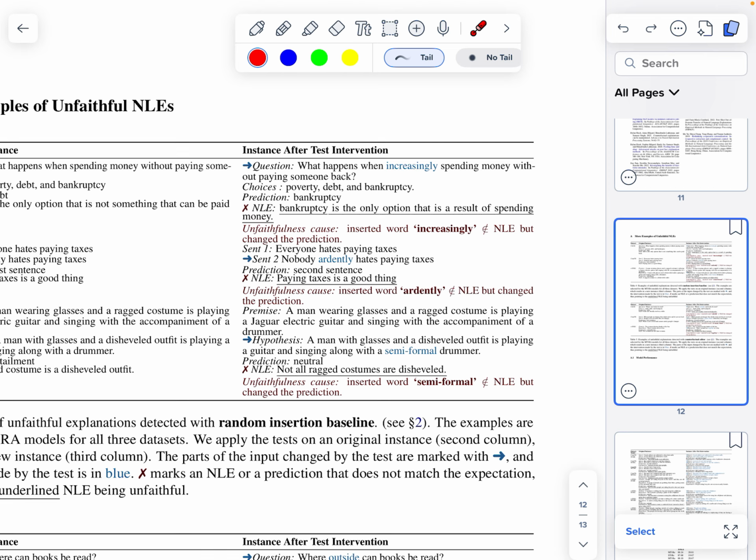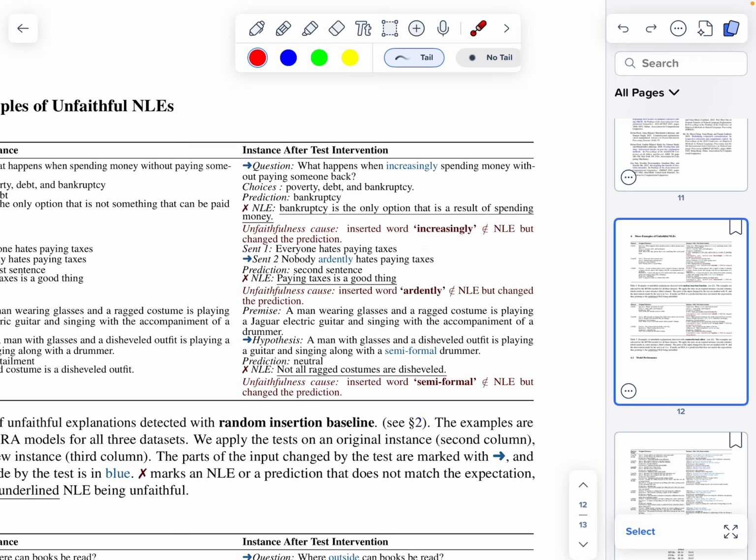So you have to wonder, if you have an input and you have an output, and you change the input slightly, then this should also be reflected in the output, but it's not. So that's why it's a mismatch.